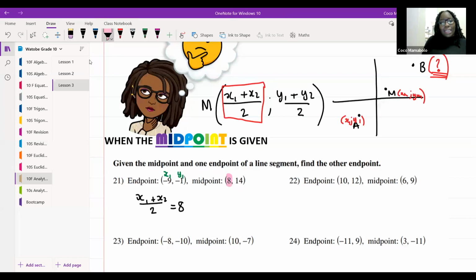We are missing x2. So I'm going to substitute the -9 at x1. And that's going to give me -9 plus x2, I don't know what x2 is, divided by 2 is equal to 8.